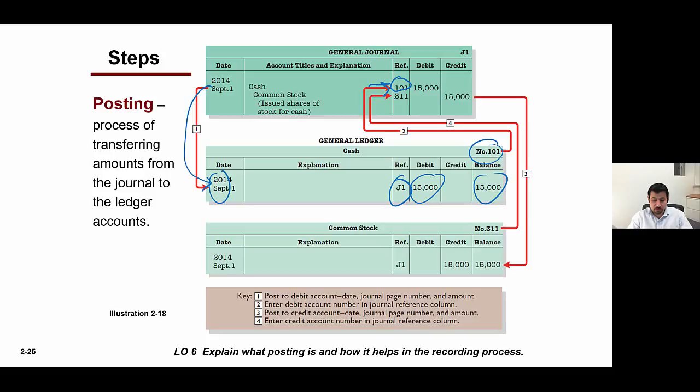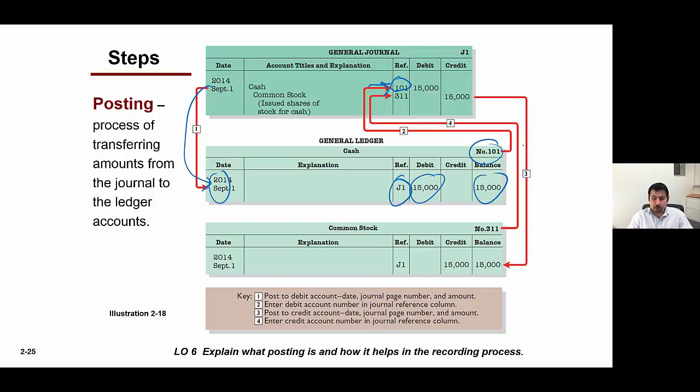column. The reason why we do that is we want to link the information in the ledger and the journal in the two directions. We have linked the journal to the ledger, and we linked the ledger back to the journal. Then we deal with the credited account. In this case it's common stock.